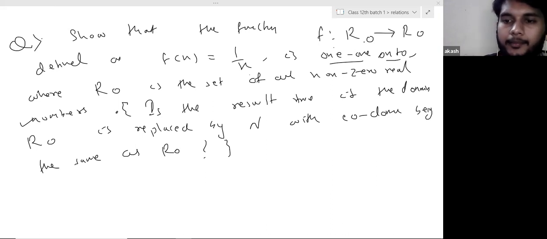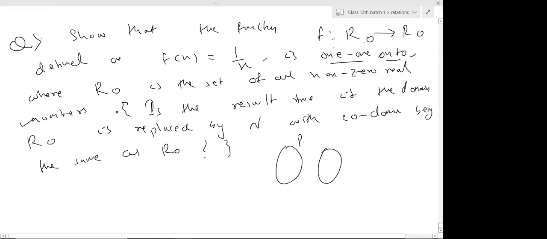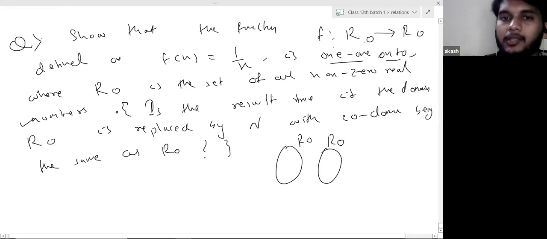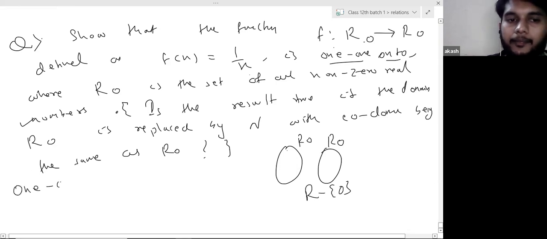All right. See, here the two sets are R0 to R0, and they've explained what R0 is. R0 is the non-zero real numbers, right? So remove 0, then what is left is R0.